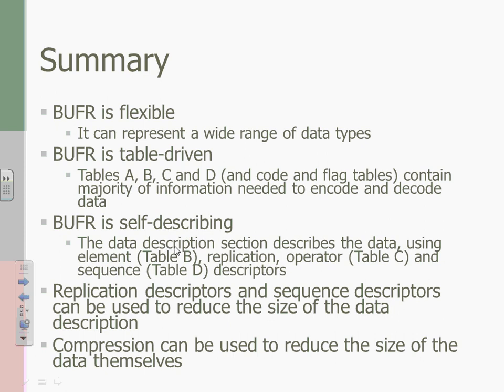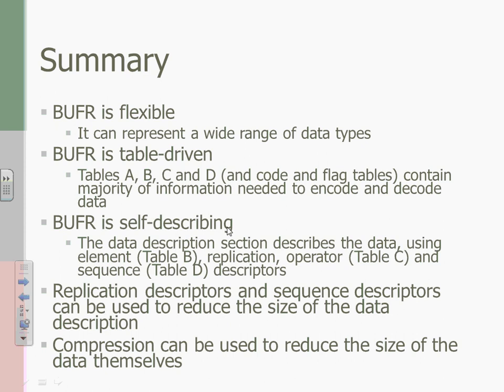So I think I come to the last one. BUFR is flexible, as I said in the second day presentation, so it can represent a wide range of data types. BUFR is table driven, as we saw. Tables A, B, C, and D, and code and flag tables contain the majority of information needed to encode and decode data.